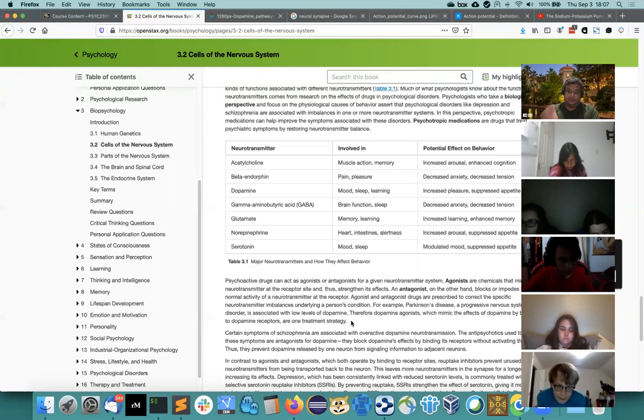And we'll talk later on in the semester about how that works. But these drugs increase the amount of serotonin that you have in your brain. In general, increasing the amount of serotonin in your brain puts you in a better mood. It makes you more relaxed, less afraid. So that's why these drugs for treating depression and anxiety are so effective. Basically, it's because they work on serotonin.